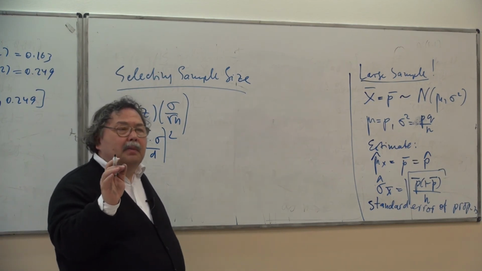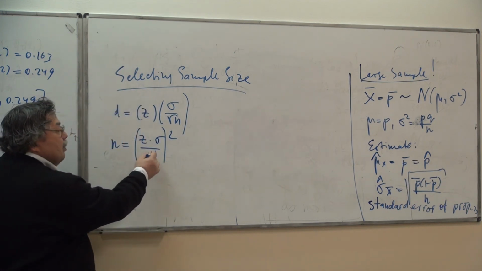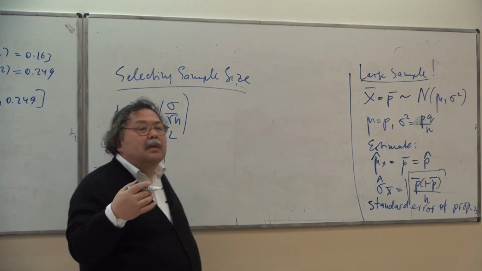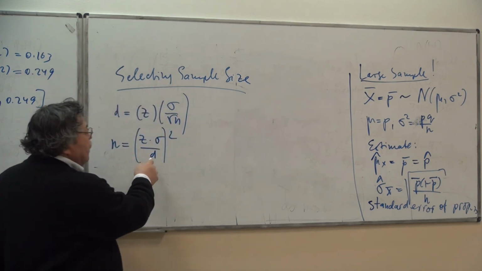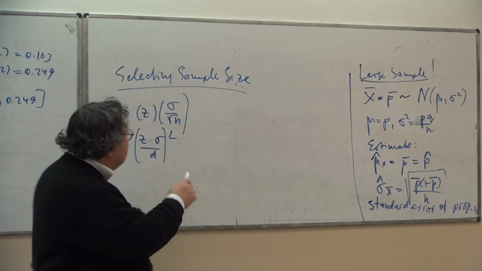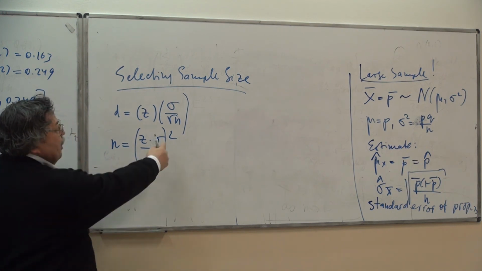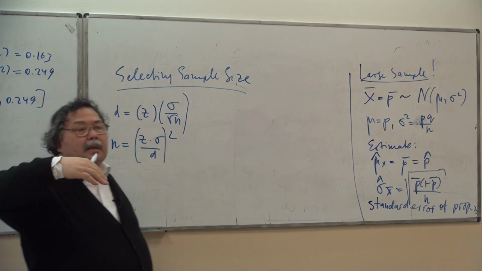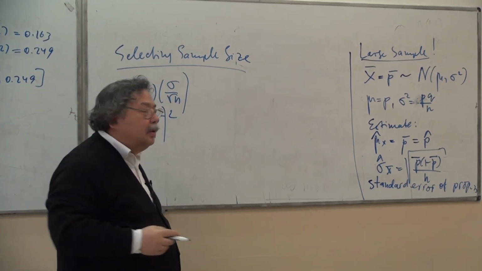Can I take up a couple of more minutes? Okay, thank you. So you specify D, which satisfies you as a researcher, okay? But look at this. If you try to make D smaller and smaller, the result will be an increase of n. And because you have a square here, this increase tends to be very rapid when D approaches 0, okay?